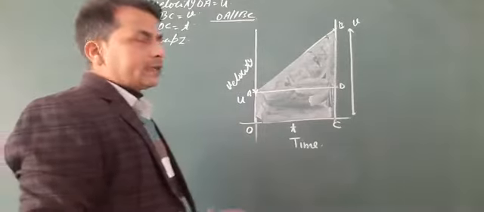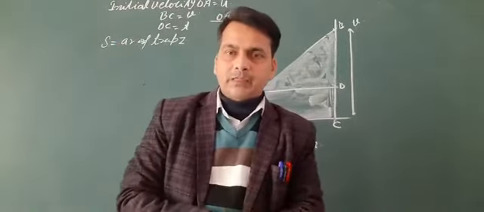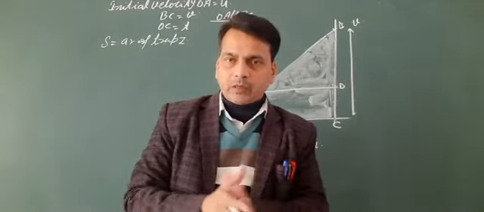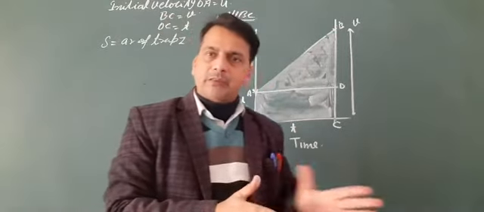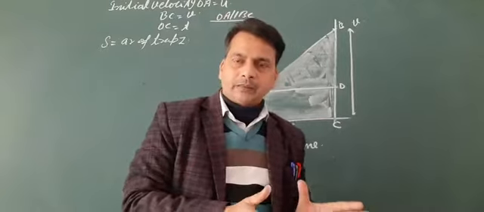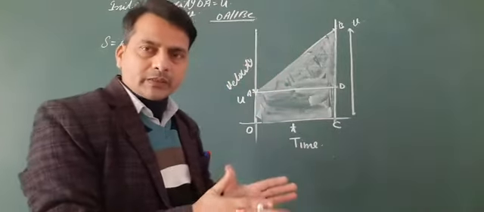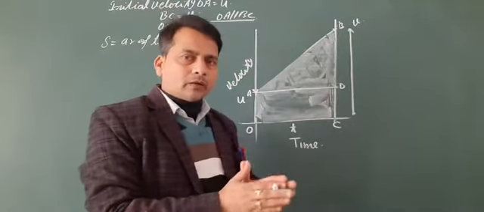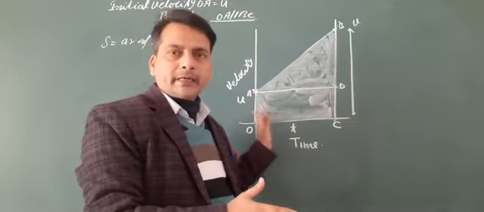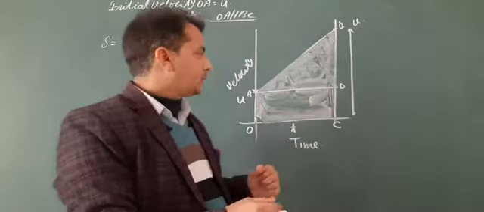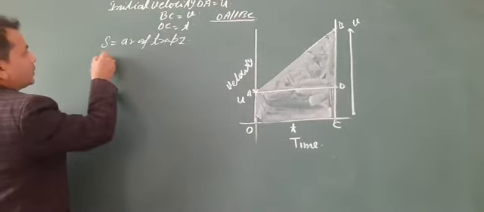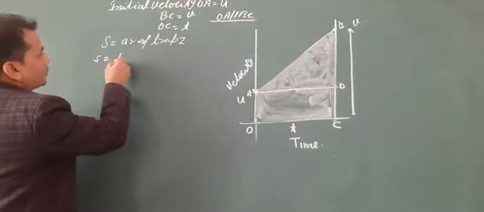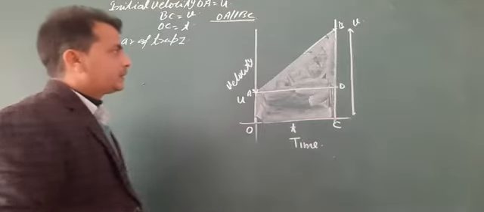We know that the area of the trapezium is equal to 1/2 the sum of the parallel sides into the distance between them. So now s equals 1/2 the sum of the parallel sides.